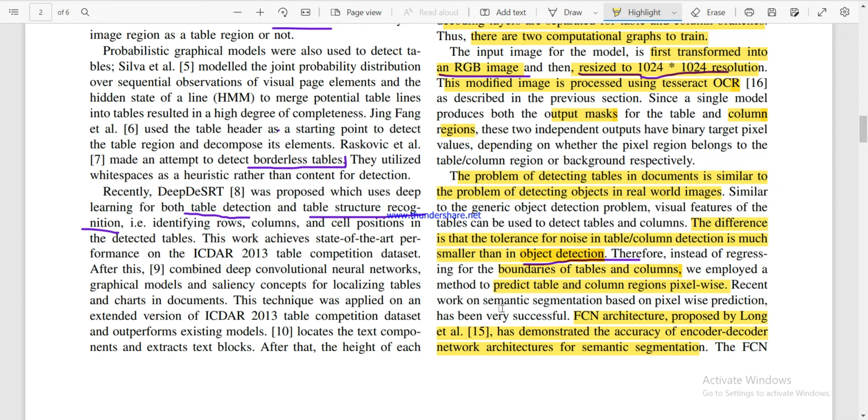That's why there is less tolerance for noise in table and column detection.